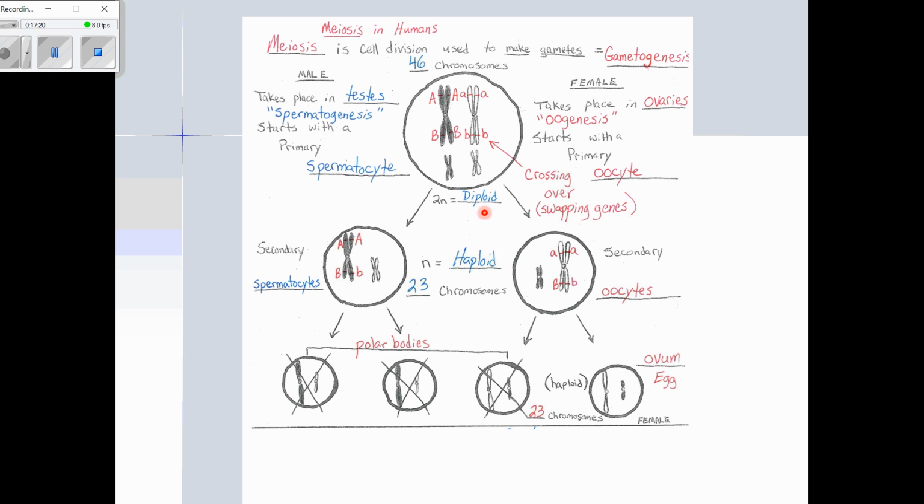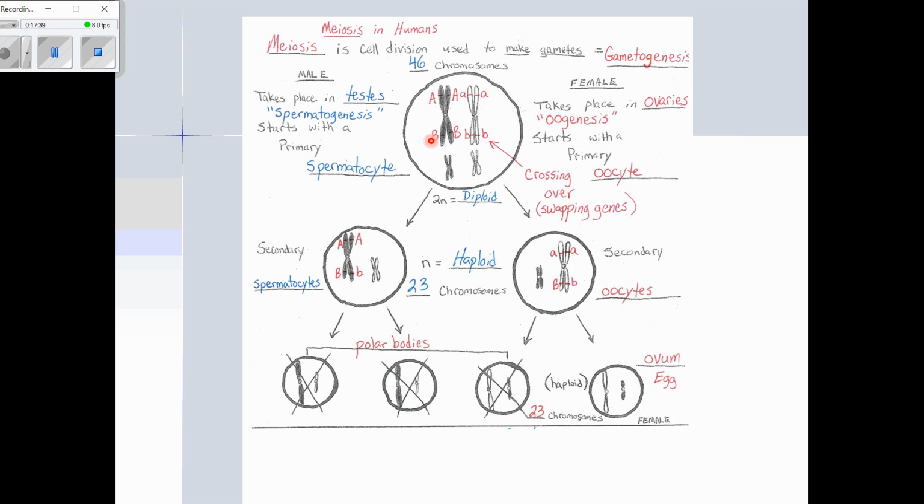Now, I'm using humans as my example, but there was no way I was going to try to draw 46 chromosomes. So notice I'm only showing 4 chromosomes in my picture here, but rest assured there would be a set of 23 and another set of 23. There'd be 46 chromosomes total.